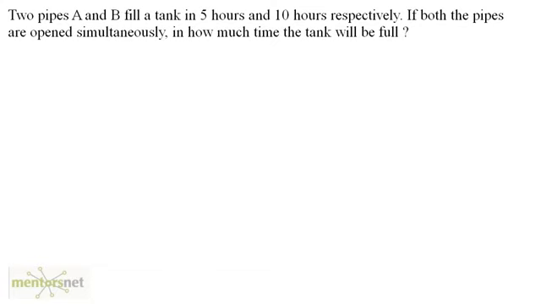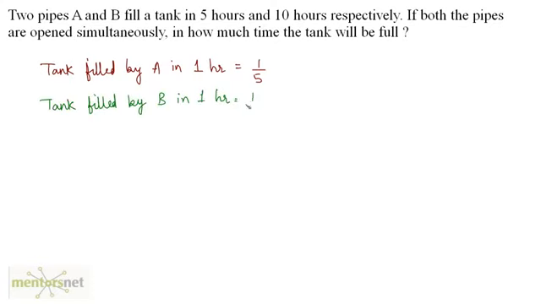It is given that A fills the tank in 5 hours, so the part of the tank filled by A in 1 hour is 1 by 5. Similarly, the tank filled by B in 1 hour will be 1 by 10.